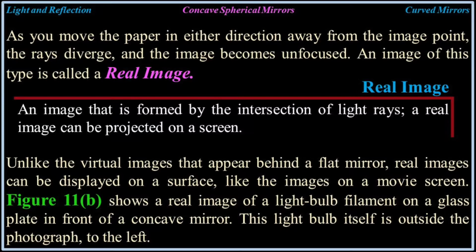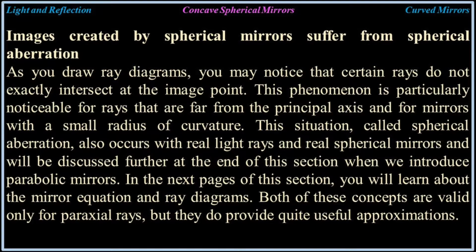Figure 11B shows a real image of a light bulb filament on a glass plate in front of a concave mirror. This light bulb itself is outside the photograph to the left. Images created by spherical mirrors suffer from spherical aberration. As you draw ray diagrams, you may notice that certain rays do not exactly intersect at the image point.